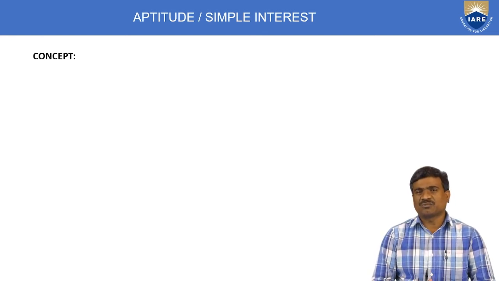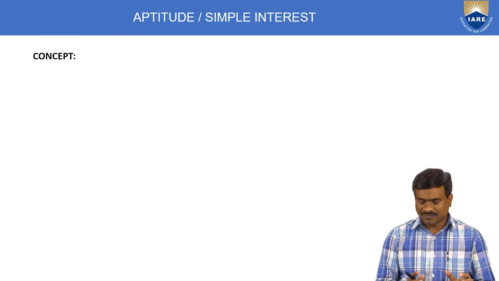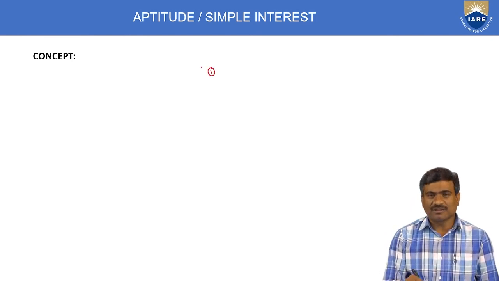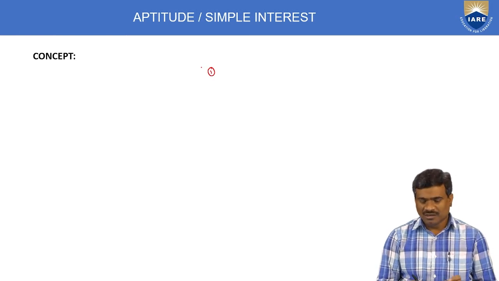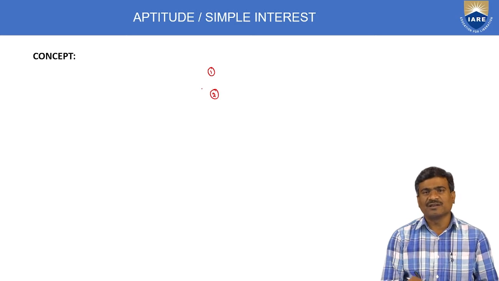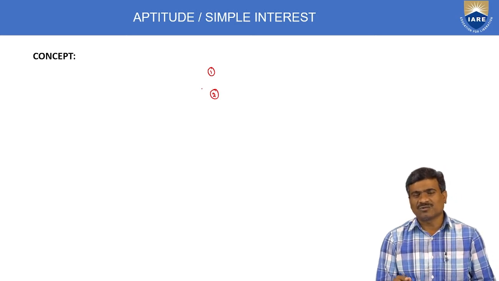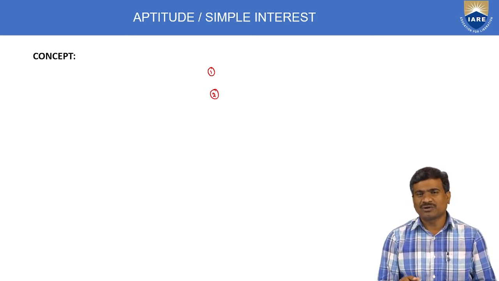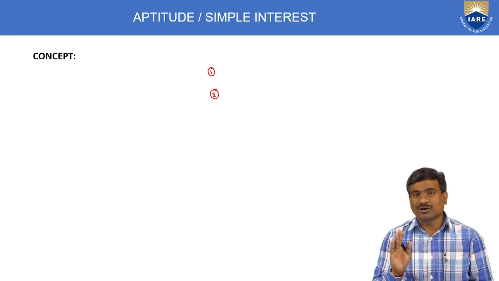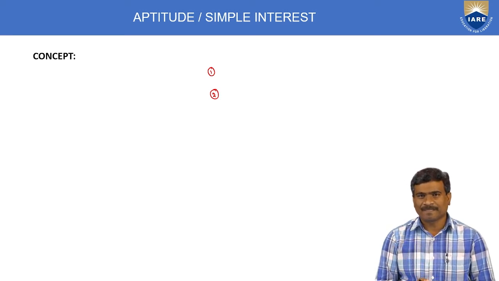Concept of the topic, first point: principal amount is constant. Number 2: simple interest per 1 year is equal to compound interest per 1 year. Up to 1 year, the interest is the same when compounded yearly.